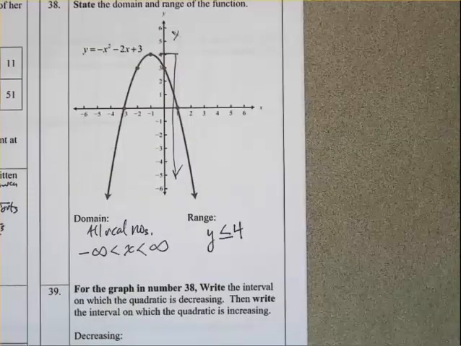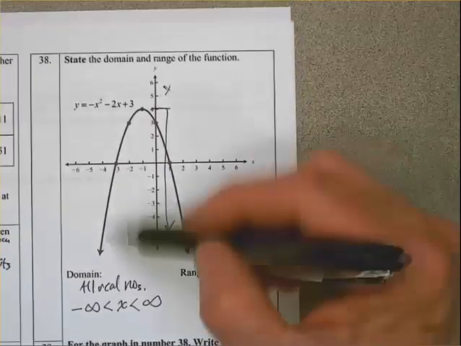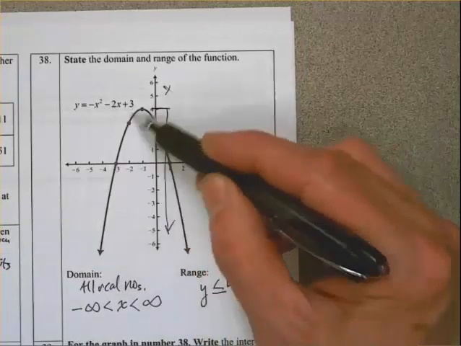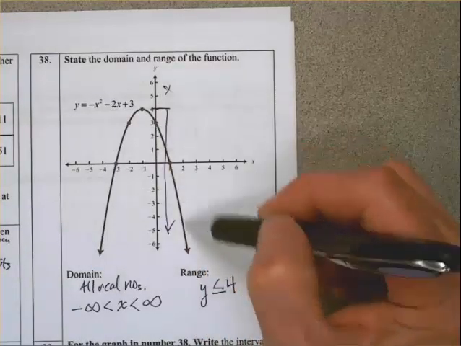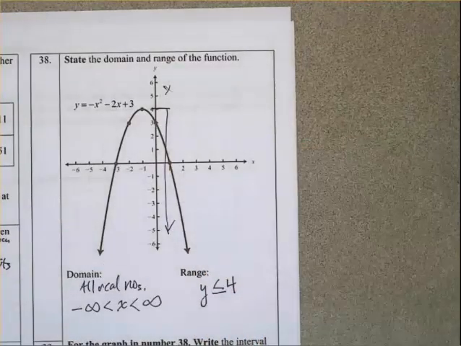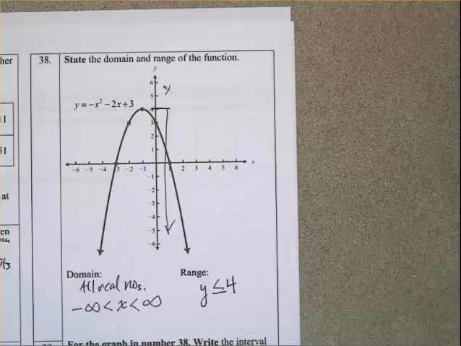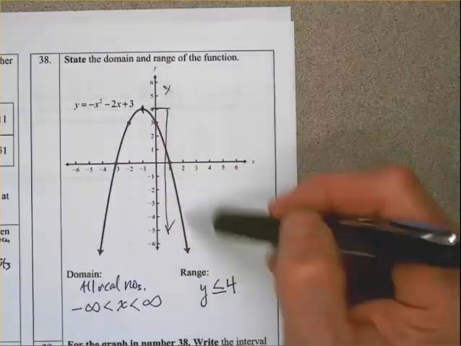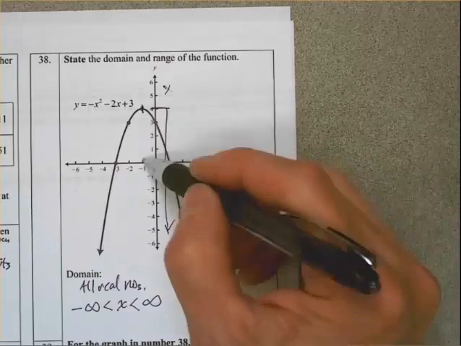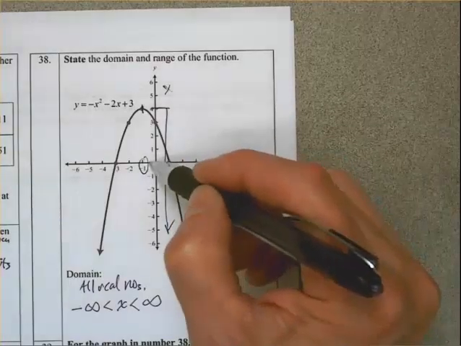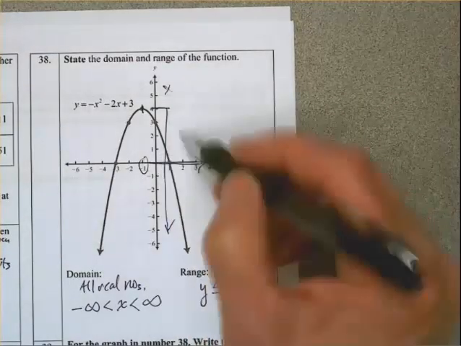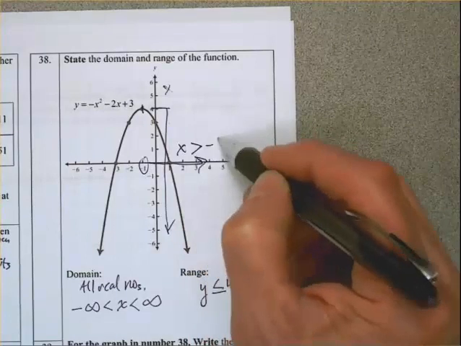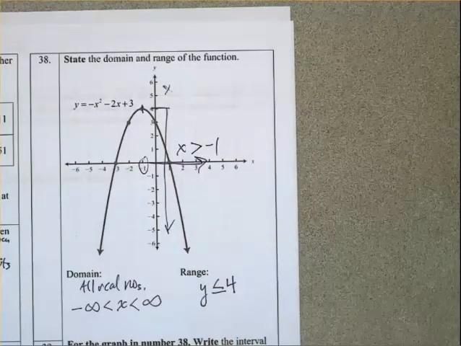Now, looking at that same graph, it's increasing until I get to here, and then it's decreasing after that. Now, whenever we talk about intervals, we're asking about the x value. So it's decreasing from here to infinity. So that would be from negative 1 to infinity. So x is greater than negative 1 is the decreasing part.